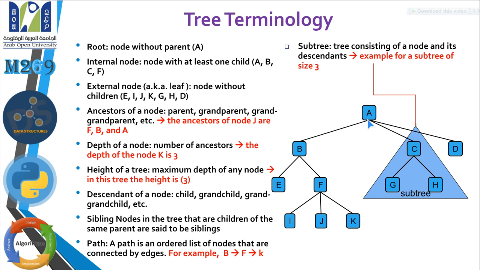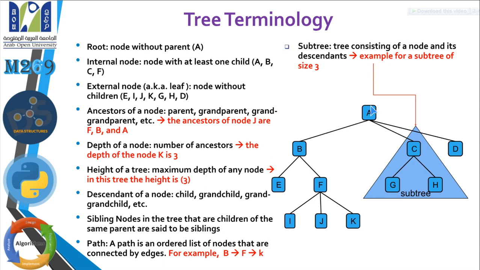Yes, correct, Khulud. Yes, K, F, B, A. Yes, as a path to show the path. In the path, actually, when you specify the list of nodes, it means what is the source and what is the destination.